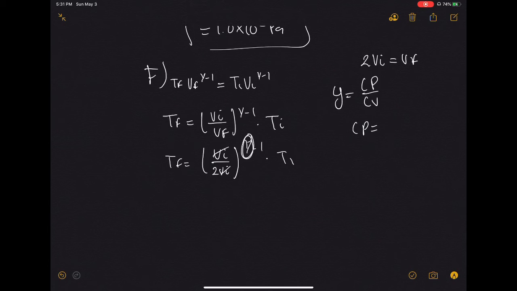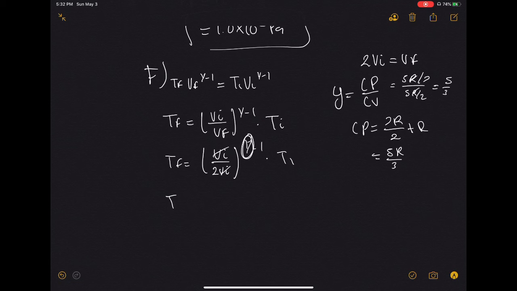Cp is equal to 3R over 2 plus R, and we can add this together, so we end up with 5R over 2. Cv is 3R over 2. So gamma is 5R over 2 times 2 over 3R, we can cancel the R's, and it gives us 5 over 3. So gamma is equal to 5/3.